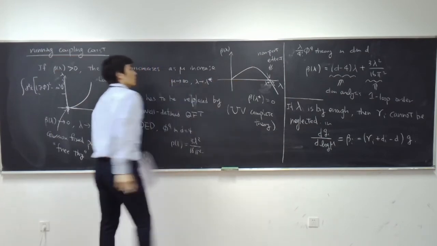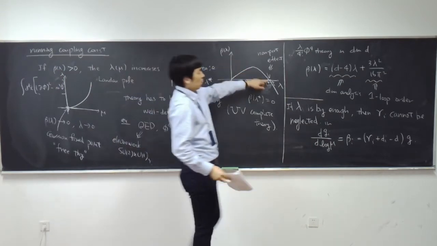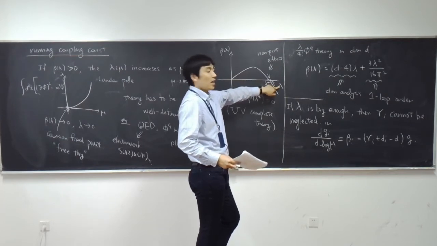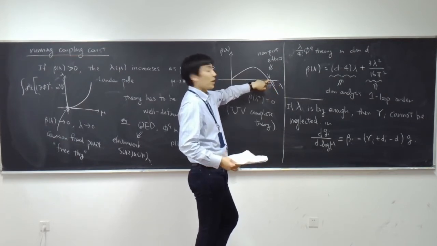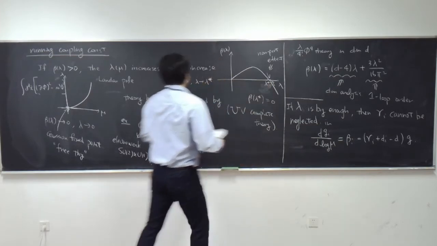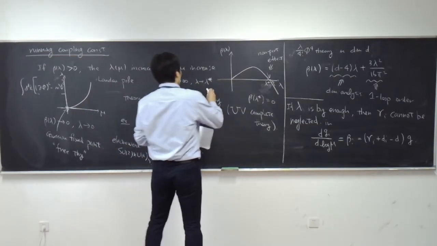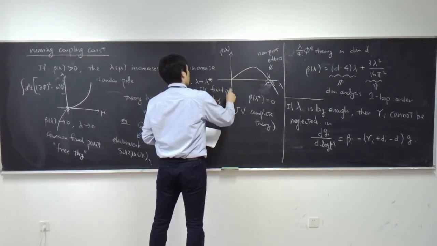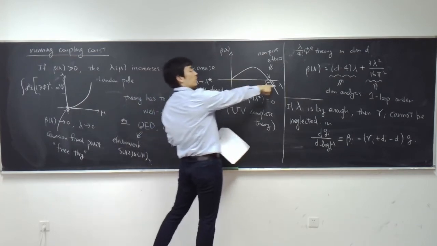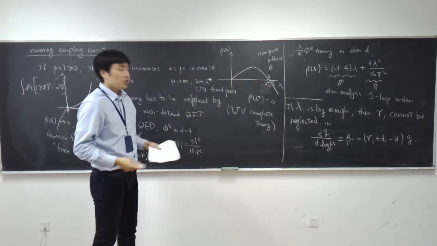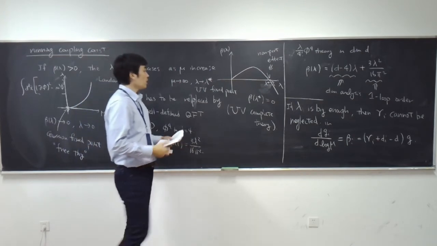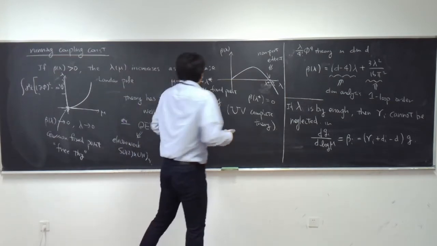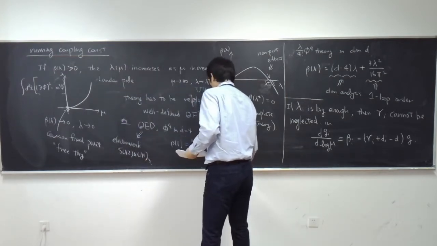Once you reach this point, the coupling constant lambda no longer runs because the beta function is 0. So lambda star is called the UV fixed point. Fixed point means the coupling constant lambda is fixed; it does not run as you change mu.